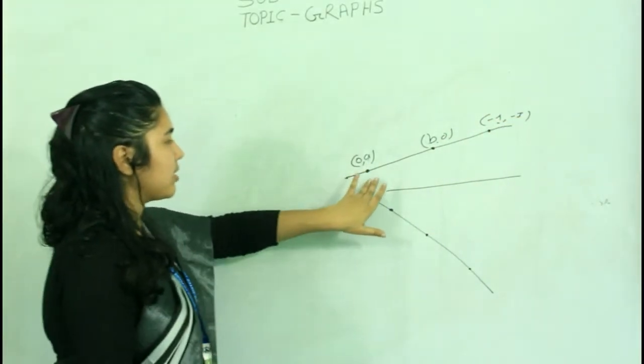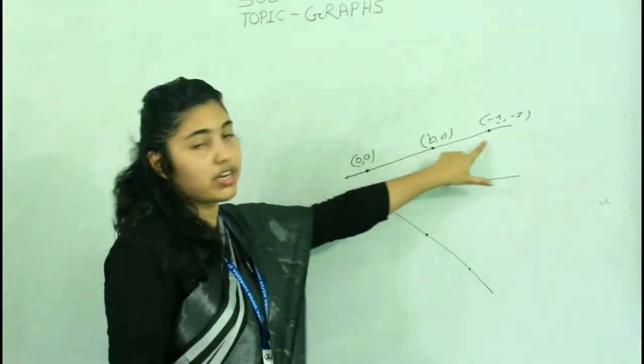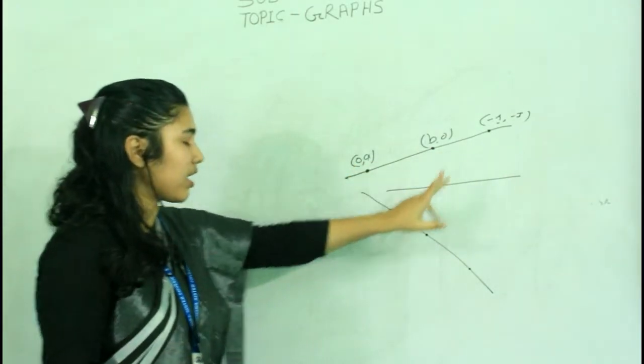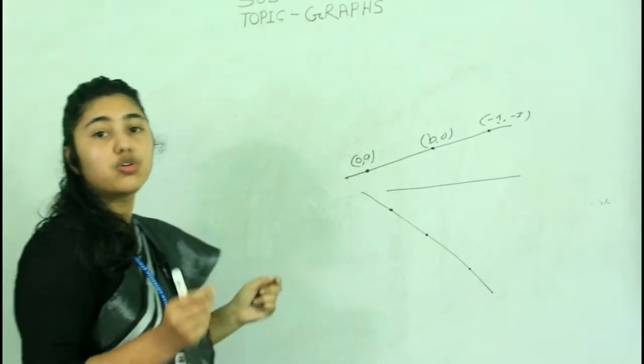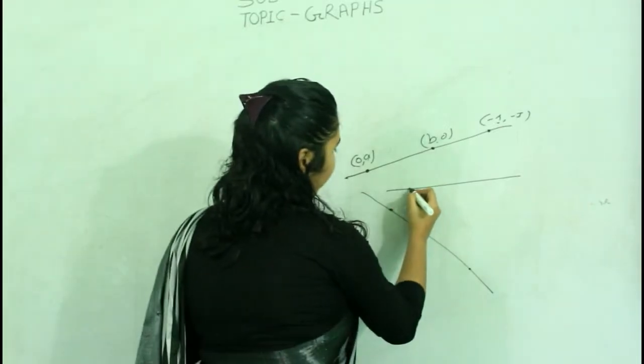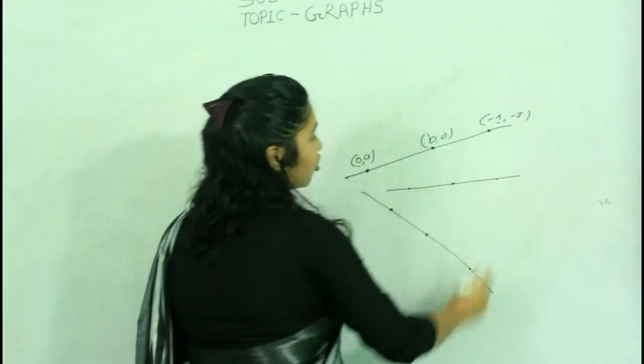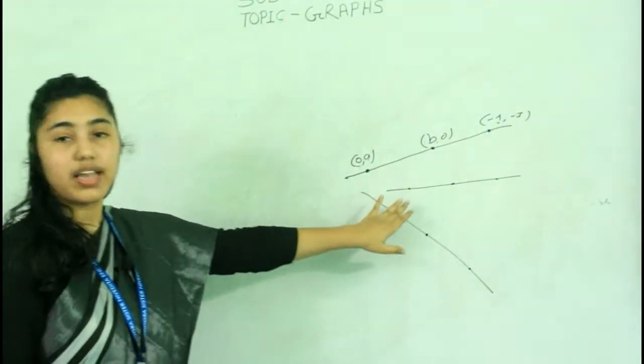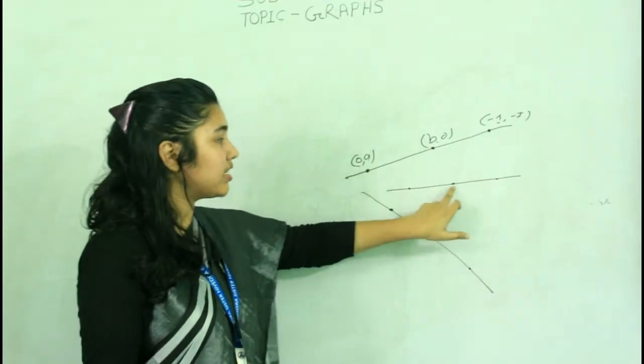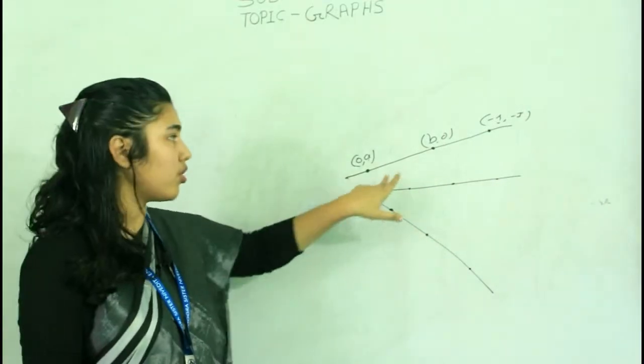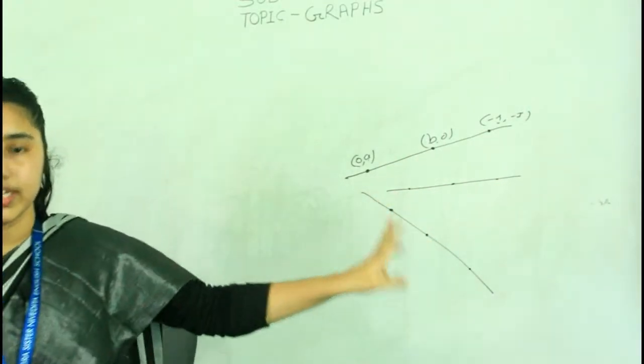Then we can say that these 3 points are collinear. Those points which are lying in a straight line are known as collinear points to each other.